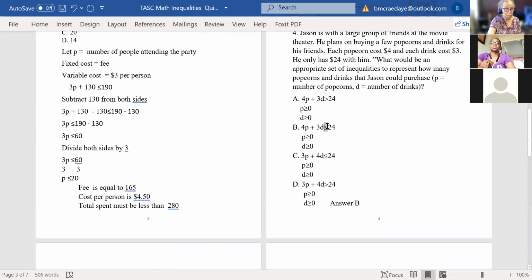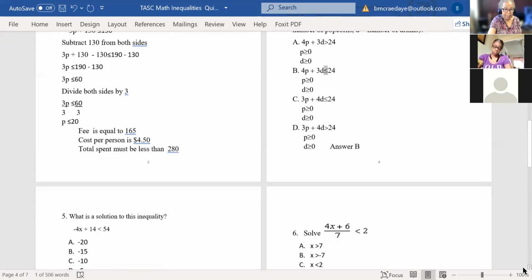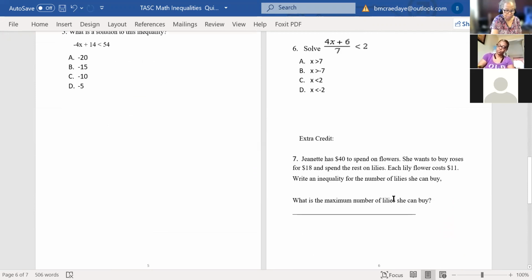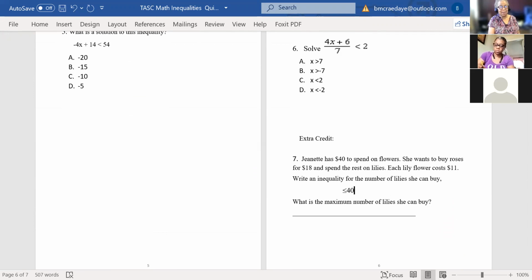And then you put what goes in the front and in the back. So let's just put the inequality symbol. Less than or equal. Okay. Now what's the budget? $40. So you put the $40. So something has to be less than or equal to 40. Vanessa, what goes on the left side?